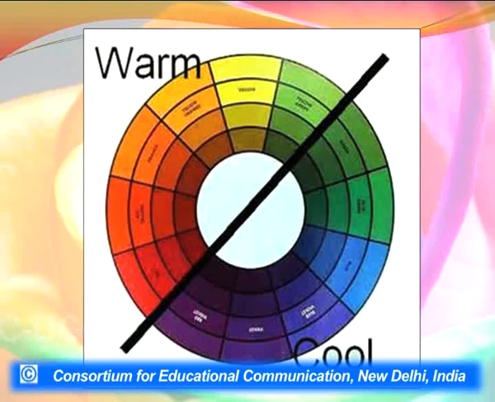So you can start from red to yellow green, and you will find different shades and tints which I will be discussing in the next slides. So these are the warm colors in different shades and tints, and from green to purple, these are the cool colors in different shades and tints.